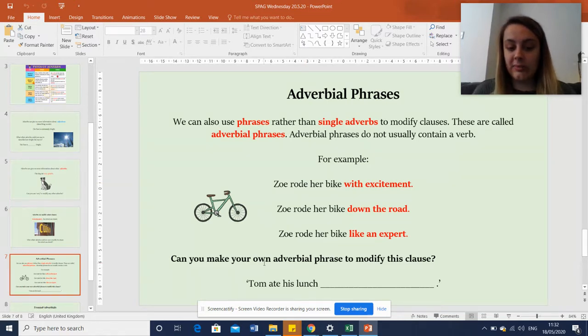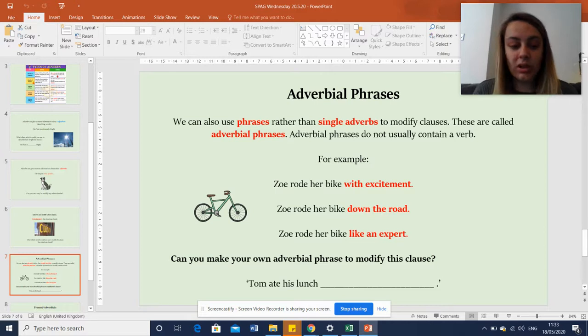So, can you make your own adverbial phrase to modify this clause? Tom ate his lunch. What could you say? You could use with excitement. Can you use Tom ate his lunch down the road? Not really, it doesn't quite make sense. Tom ate his lunch with anticipation. Maybe he's wondering what he's going to get next.